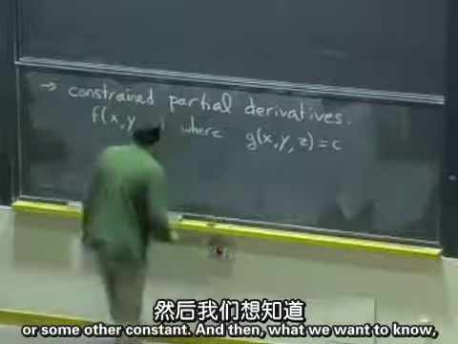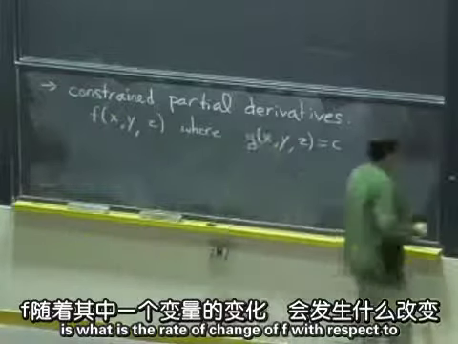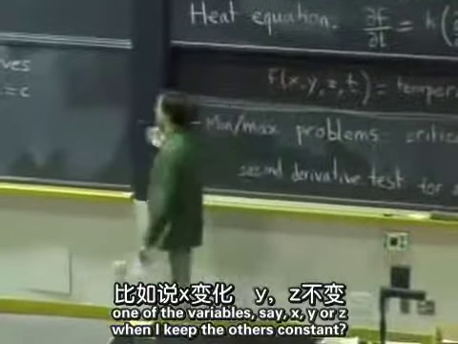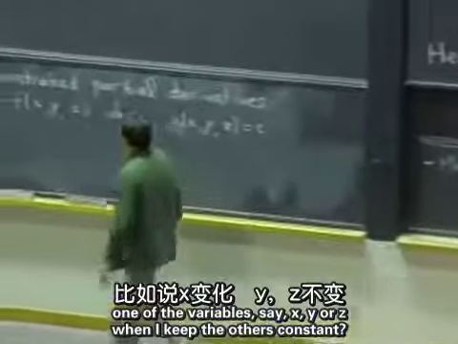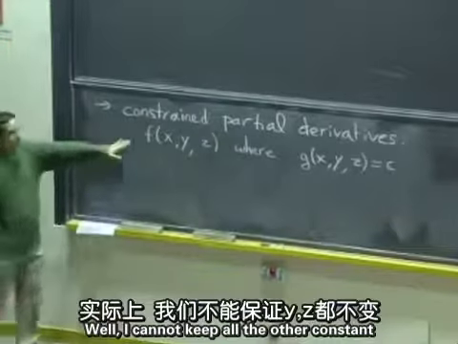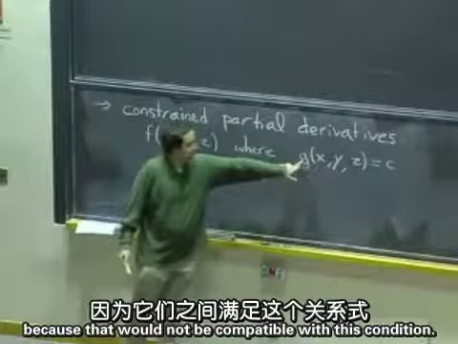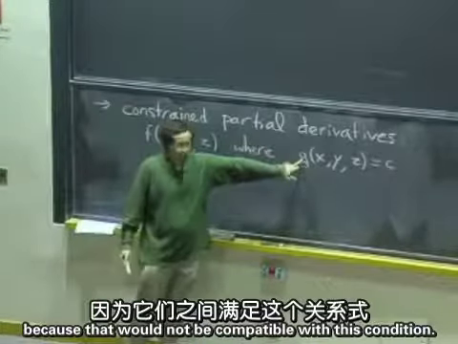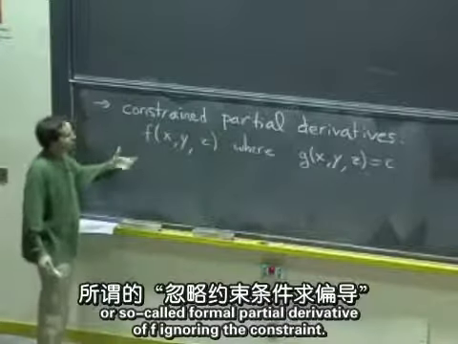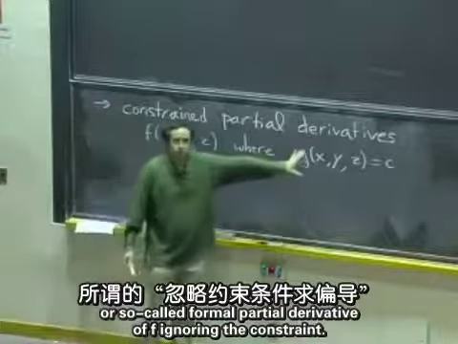And then what we want to know is what is the rate of change of f with respect to one of the variables, say x or y or z, when I keep the others constant. Well, I can't keep all the others constant because that wouldn't be compatible with this condition. I mean, that would be the usual or so-called formal partial derivative of f ignoring the constraint.